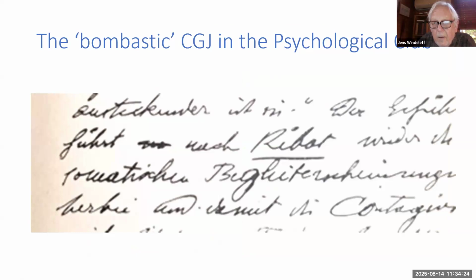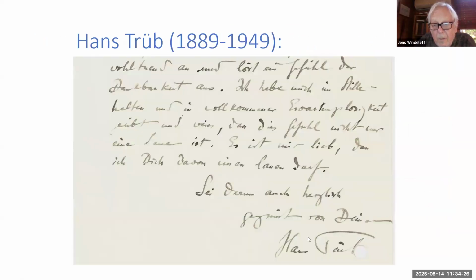So he left the club, and this is one of his top colleagues, Hans Trüb, a very differentiated, almost German spiritual handwriting. He was the man who challenged Jung about these matters, and Jung responded, "Okay, then I dissolve all this."